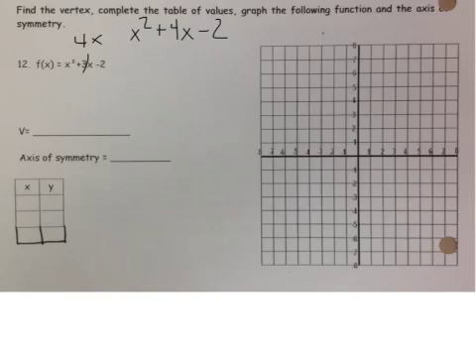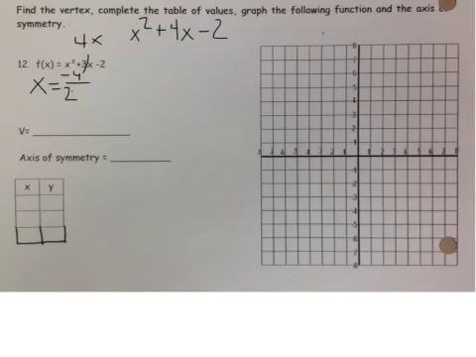So to find our vertex, we've got to use x equals negative b over 2a. So b is 4, so we get negative 4 over 2a. A is the coefficient in front of the x squared. Well, there's nothing there, so we know there's an invisible 1 in front of the x squared.